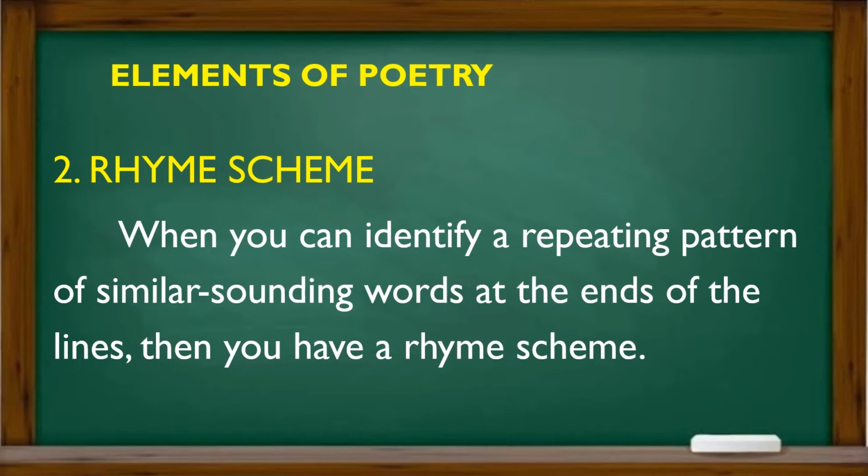So just like gold, hold, that's letter A. If you use gold in the first line and in the second line you have the last word hold, the poet assigned that rhyme scheme as A. And the next rhyme scheme would be B, then C, or D. Some interchange that to AB, CD.